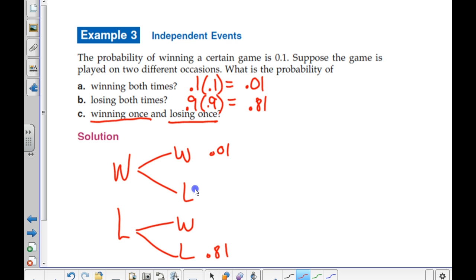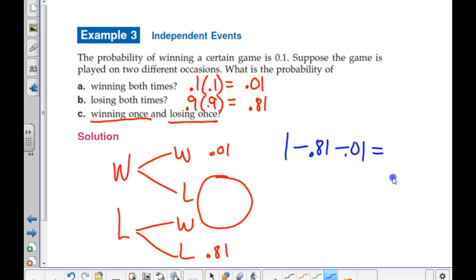But there's 2 ways you could win once and lose once. I need the total of these 2. How do I find that? I would just take the rest. That'd be the easiest way. The chance that I lose both times is 0.81, and that I win both times is 0.01.